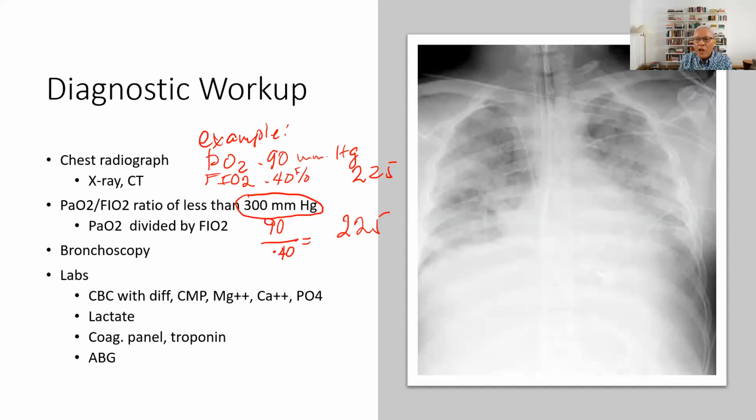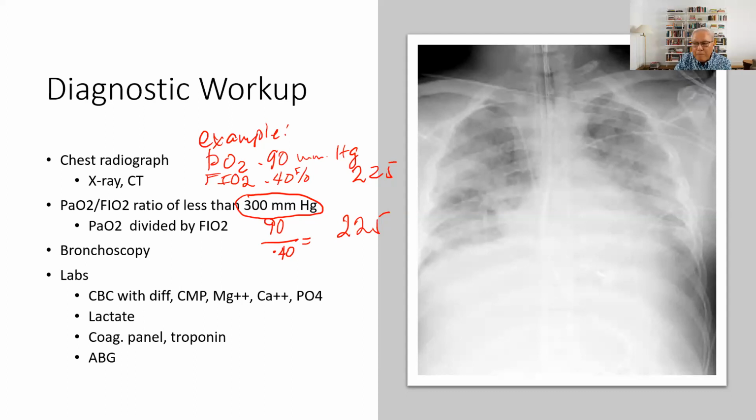The other diagnostic workup would be bronchoscopy as well. This would be to assess pulmonary infections. And sometimes we do this in order to obtain material for culture. Other laboratory tests will include CBC with differential, and the reason that we would like to have the CBC with differential is obviously to find out the degree of immune system response.